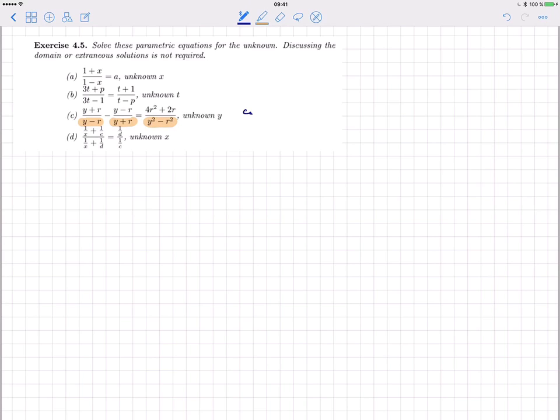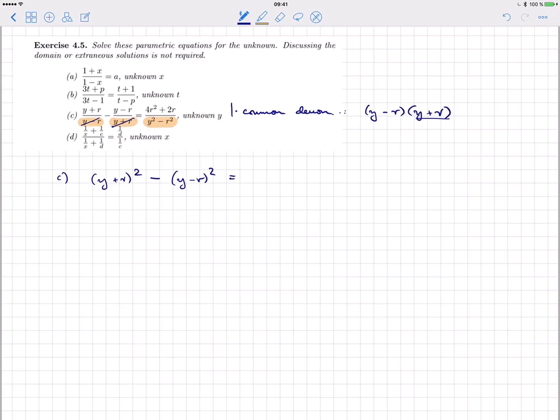So the common denominator is just y minus r times y plus r. So we multiply with this common denominator right away. So the y minus r cancels out this factor, and we get another factor y plus r, so squared. And the second fraction, the factor y minus r, y plus r cancels this one, and we get an additional factor y minus r on the top.